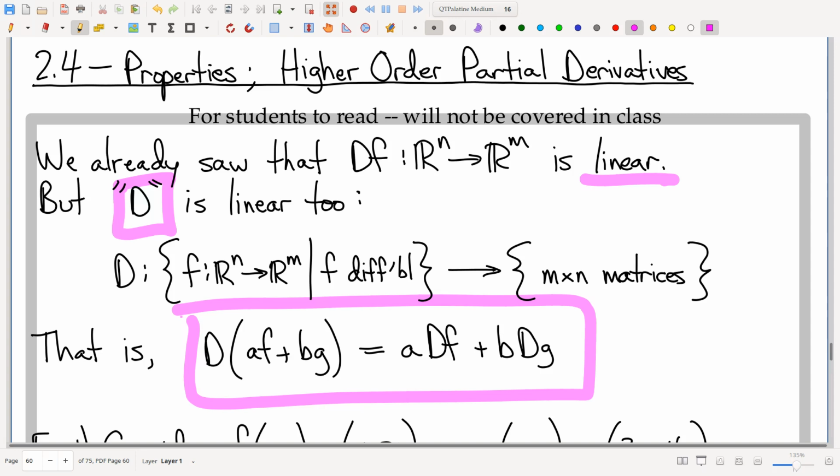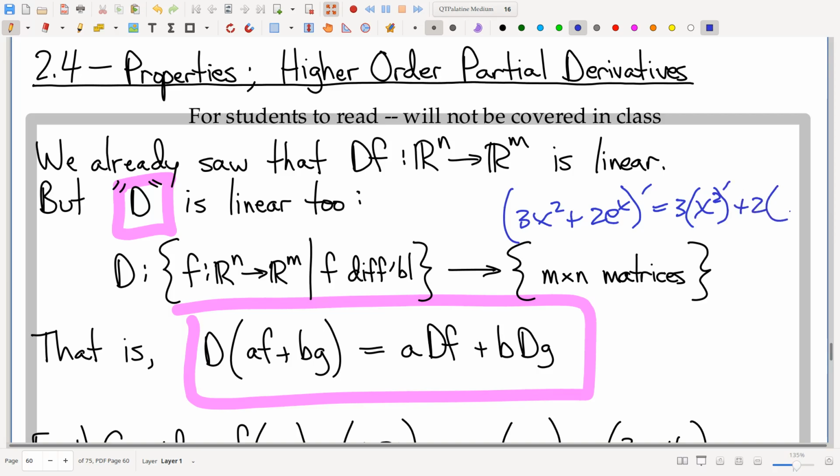You've done this a million times when you do stuff like the following. If you want to take the derivative of 3x squared plus 2e to the x, there are different ways you can write this down, but an easy first step would be to take the derivative of the x squared and take the derivative of the e to the x.